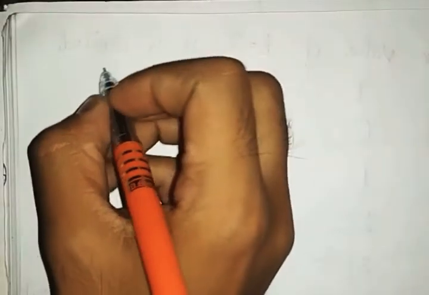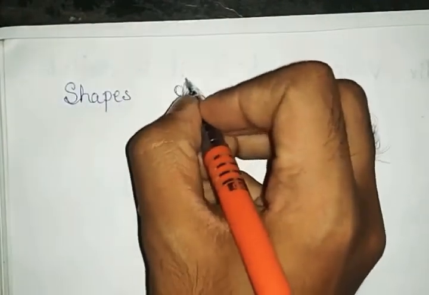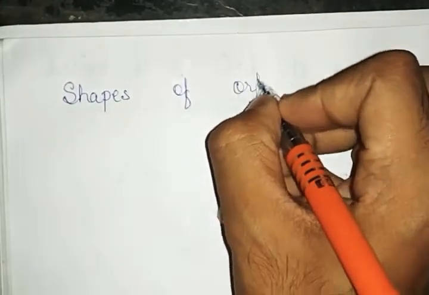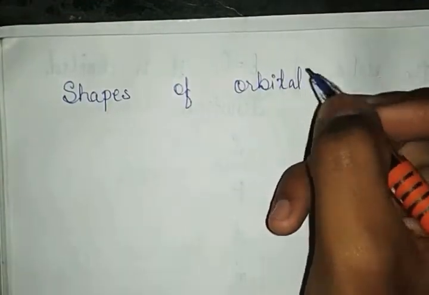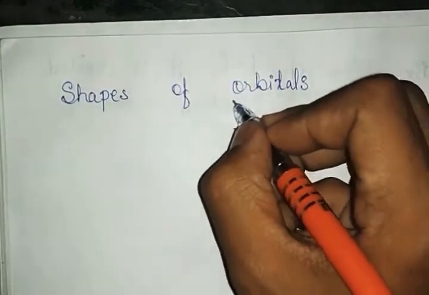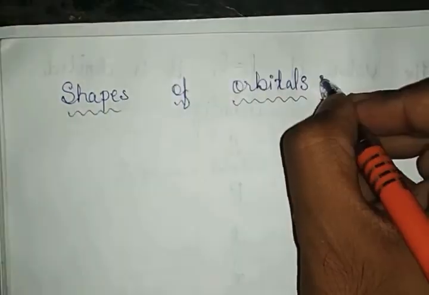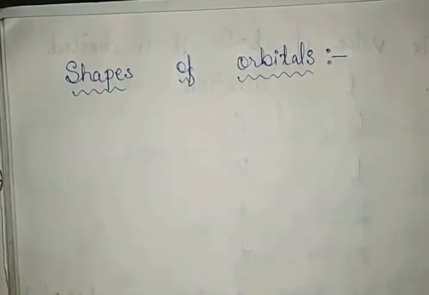Now the next is the shapes of orbitals. Then what were the orbitals or what were the subshells?